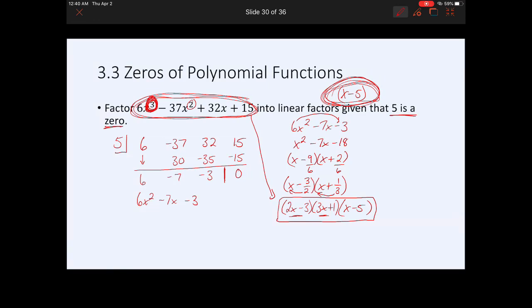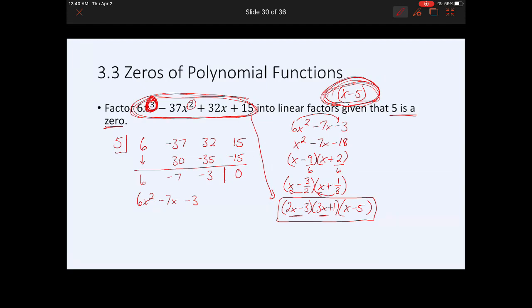You see those here. The other factor is x minus 5. And so we need to write it with the rest of them. So there is the final answer. That's our final factorization of this. So that polynomial factors into those three factors.